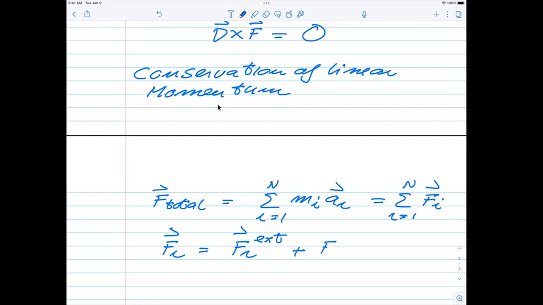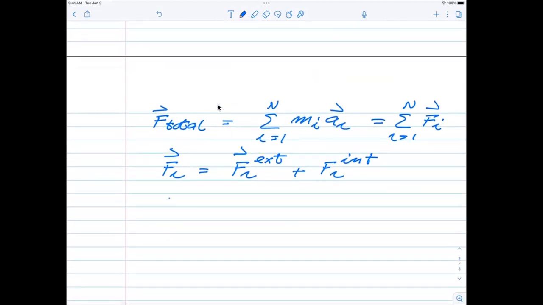And then we have the internal forces. If this object is interacting with another object with gravitational forces, for instance, then we would have an internal force. If we're looking at the solar system, we would have a force which acts on the Earth from Jupiter, a force which acts on the Sun from Earth, from Jupiter, from all the other planets.